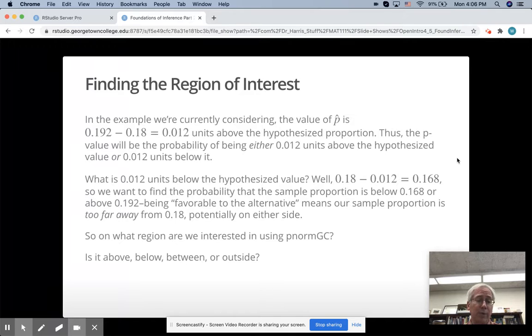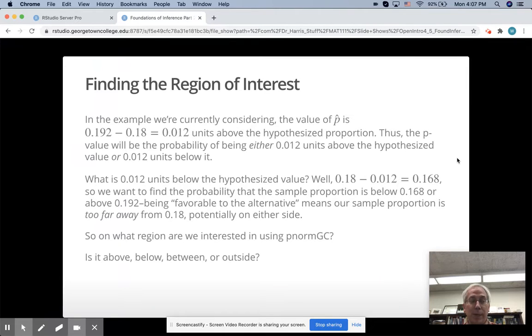So we have to do a little bit more arithmetic. Since 0.192 was 0.012 above 0.18, we need to calculate the number that's 0.012 below 0.18. You can see I've done that subtraction here on the slide. We get 0.168. And so being as far away or farther from 0.18 in this instance would mean that we're either below 0.168 or above 0.192.